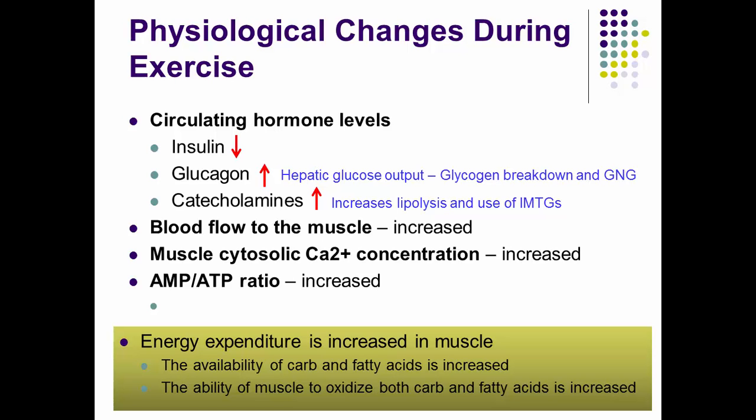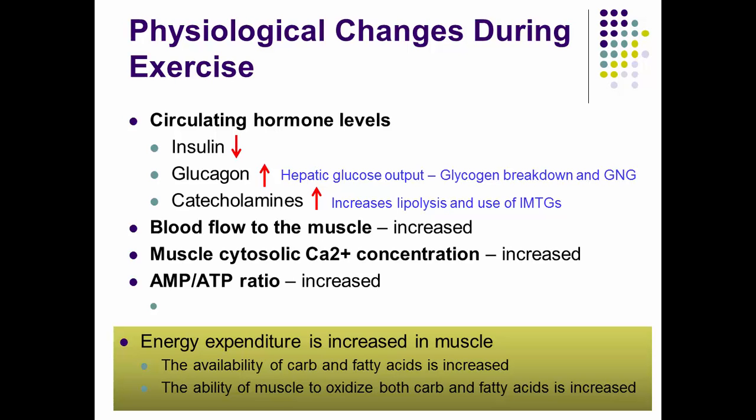And during exercise, oxidation is increased in order to make ATP by oxidizing both glucose and fatty acids. So oxygen is definitely needed. The need for oxygen significantly increases during exercise, right? So this allows more oxygen to be delivered to the skeletal muscle for oxidizing glucose and fatty acids for ATP production.